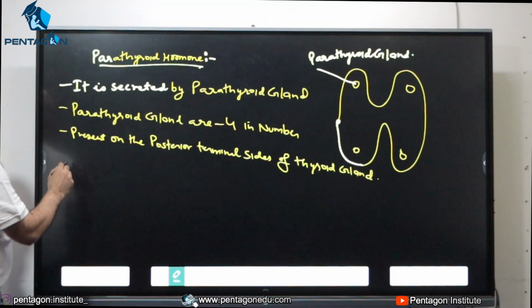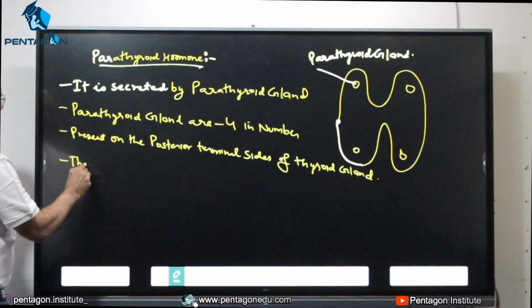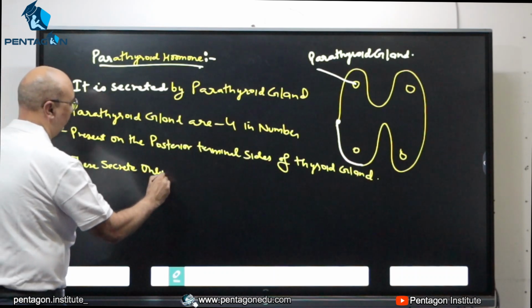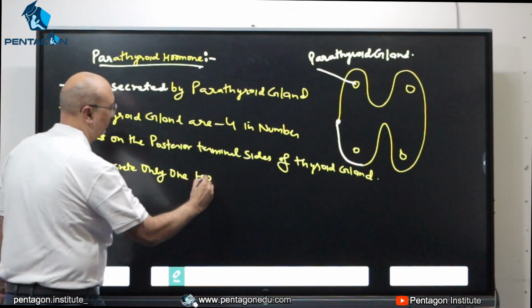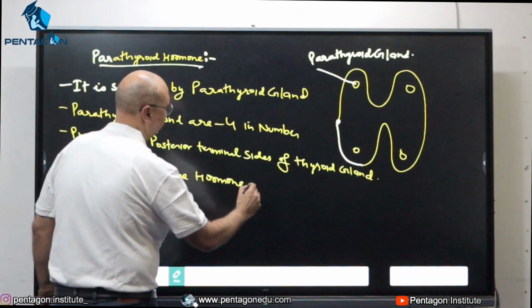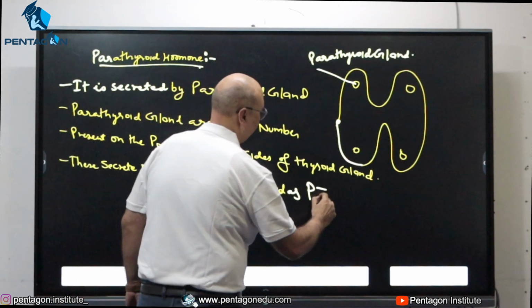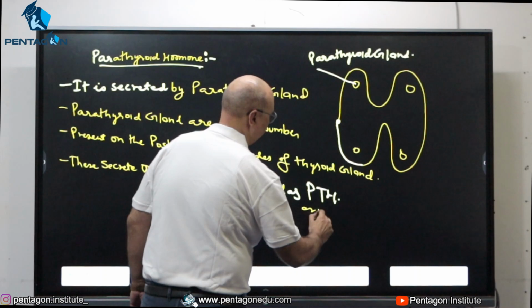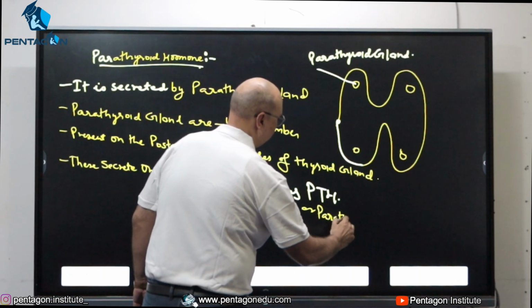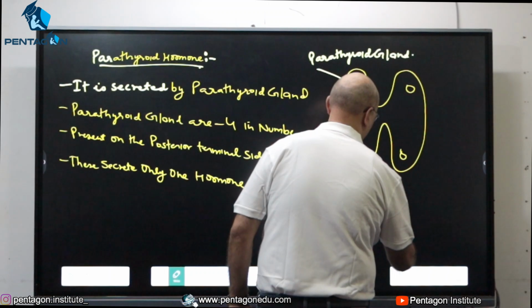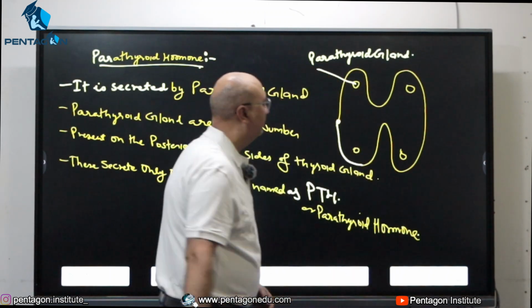So these are 4 in number, and these secrete only one hormone named PTH or parathyroid hormone.